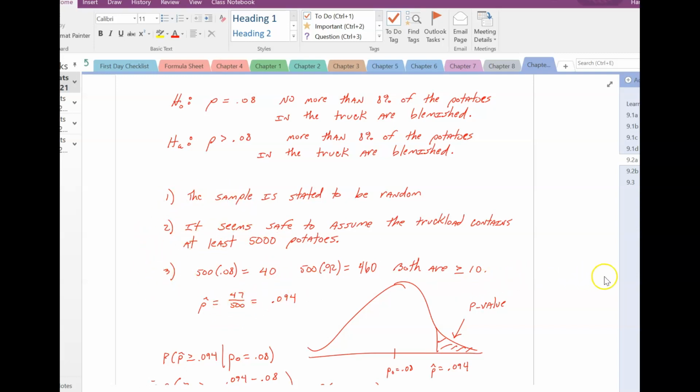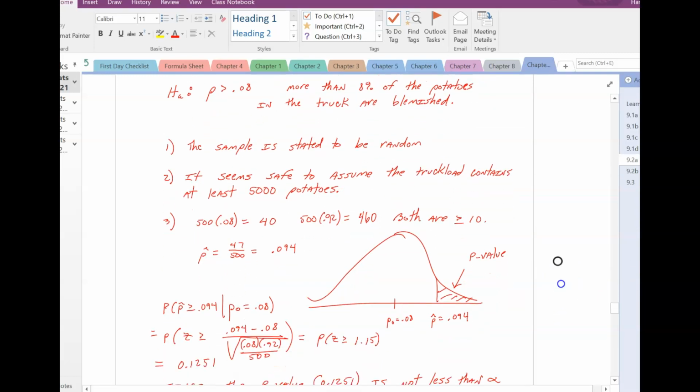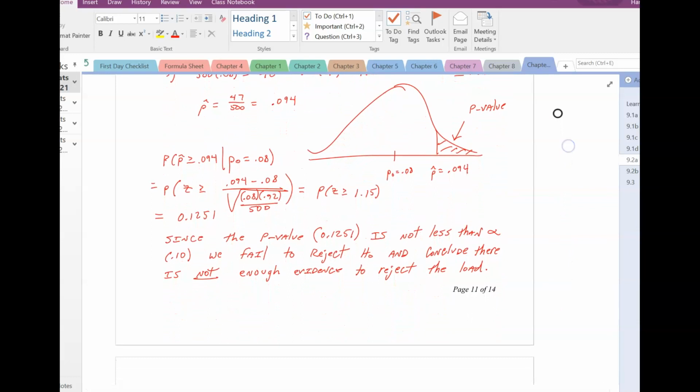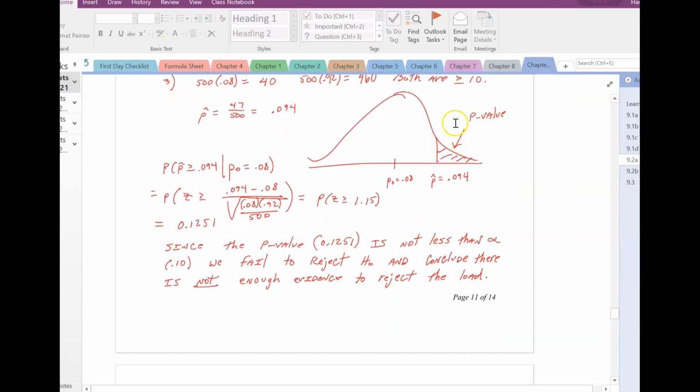The next step is to go into the actual calculations. So you can see on the screen, I drew the sampling distribution. Sampling distribution is normal. The mean of the sampling distribution is 0.08. Our sample falls up here at 0.094, so we're looking for this p-value, this area that is at least as extreme as 0.094. So what's the probability of getting p hat greater than or equal to 0.094 given p sub 0 is 0.08?